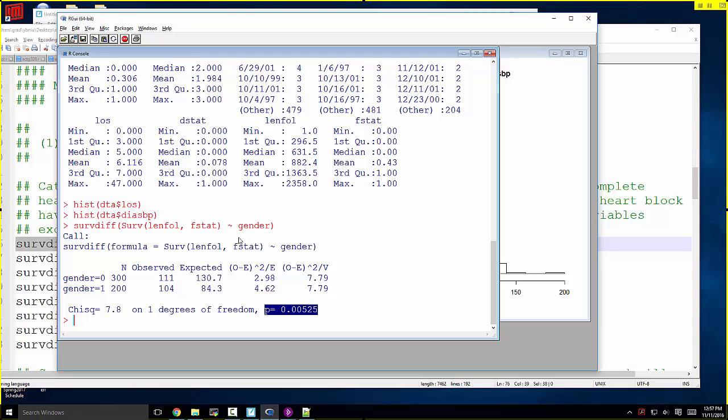We could also make the pictures of the survival curves. I'm not going to do that. I'm just going to go roughly through the variables and decide yes or no. Does it look like there's a substantial relationship between gender and survival time? If so, we'll go ahead and include it in the model. If not, even if this p-value was big, going back to what I was saying earlier, I would argue for gender belonging in the model anyway.